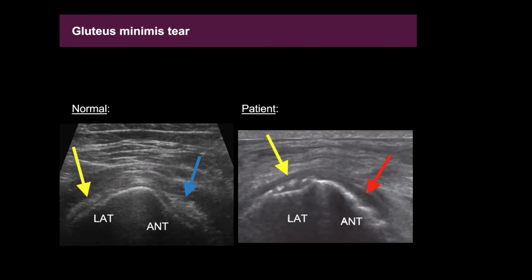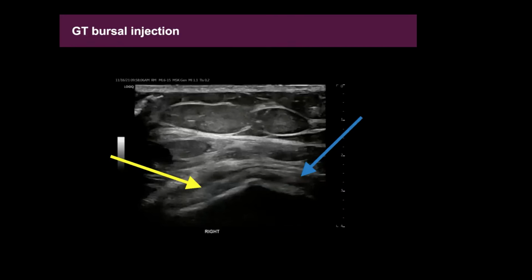Just like a lot of the cases that I've shown previously, when a patient has tears or pathology in a tendon or a ligament, those tendons either become hypoechoic and thicken, or if you have a fraying tear, the tendon is now retracted and that potential space is going to be filled with fluid, which is what's going on with the patient on the right-hand side of the image.